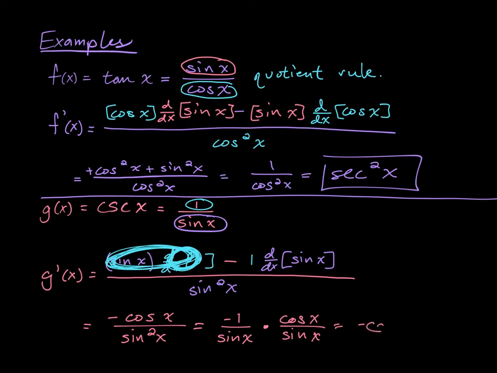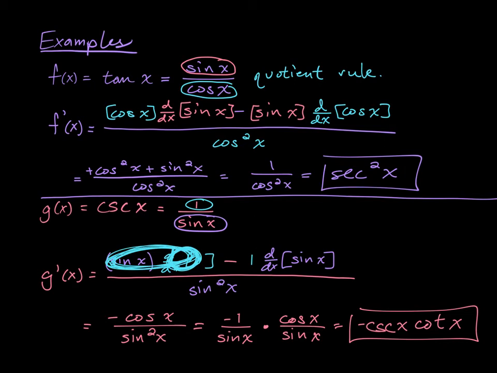So negative cosecant x, the negative is right here, times cosine over sine. Cosine over sine is cotangent x. So now we can say that the derivative of cosecant x is negative cosecant x cotangent x.